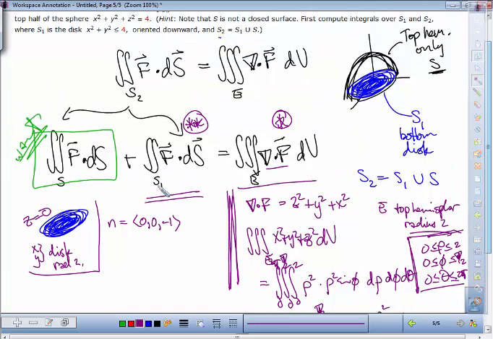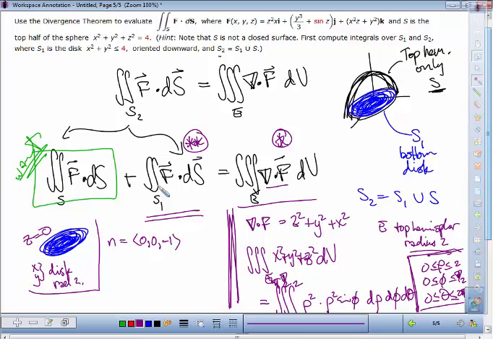So what we want to do is our parameterization. Our parameterization is going to be r equals x, y, 0, because it's 0 in z, right?